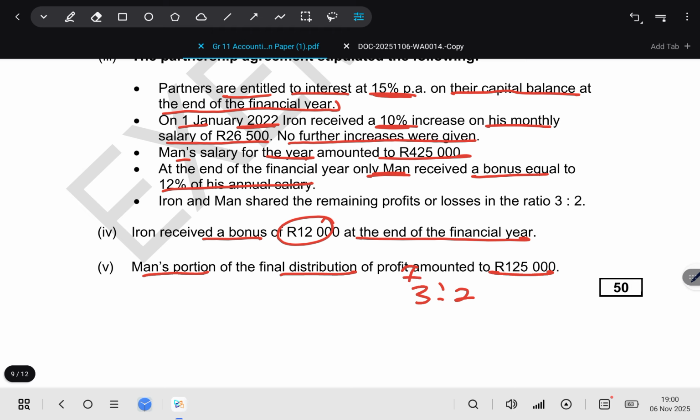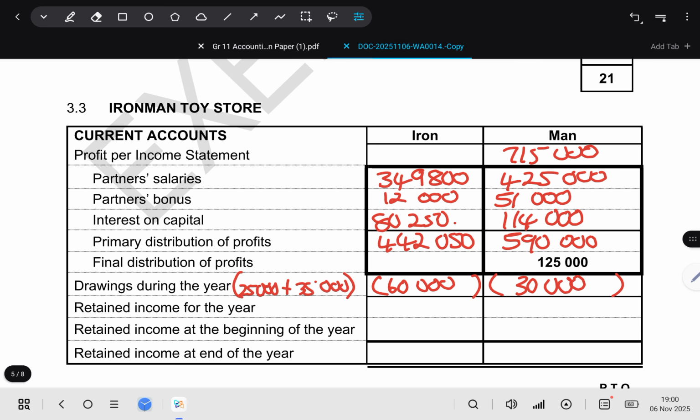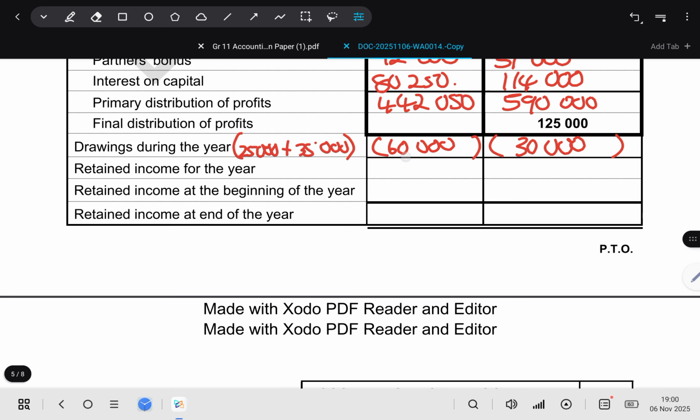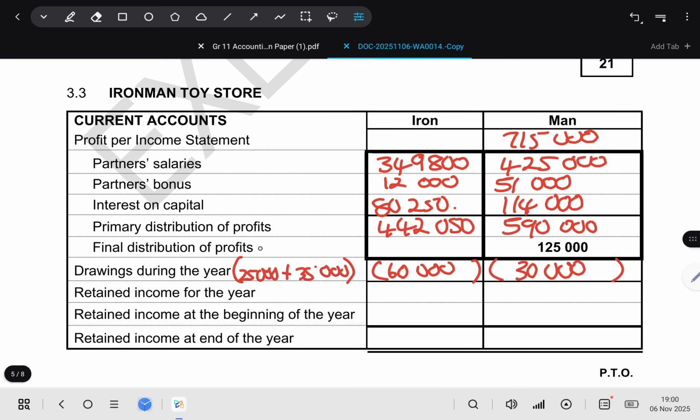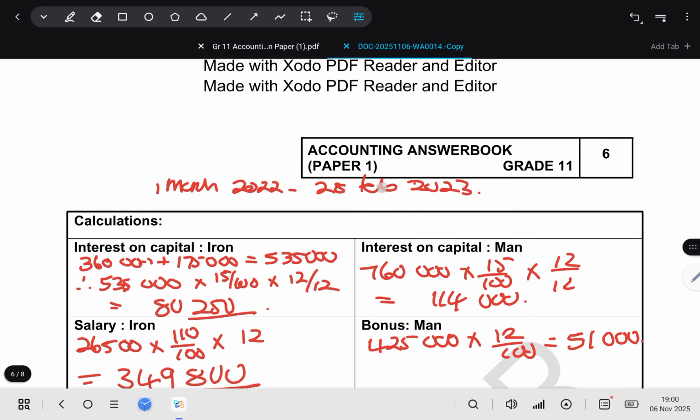So to get what we want, remember, we are given the one for men. We are looking for the one for Ion. So to get Ion's final distribution, we are going to say 125,000 multiplied by 3/2. Okay, so that's what they want us to calculate here.